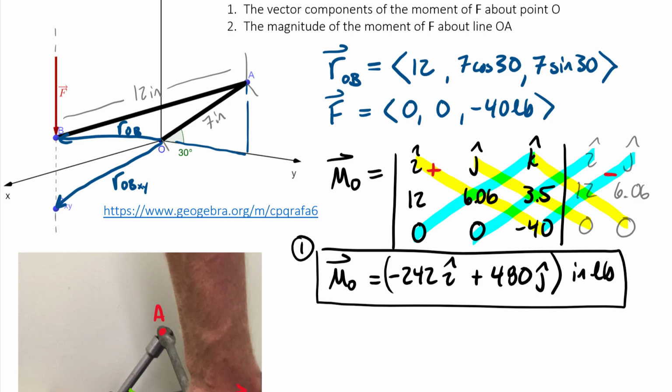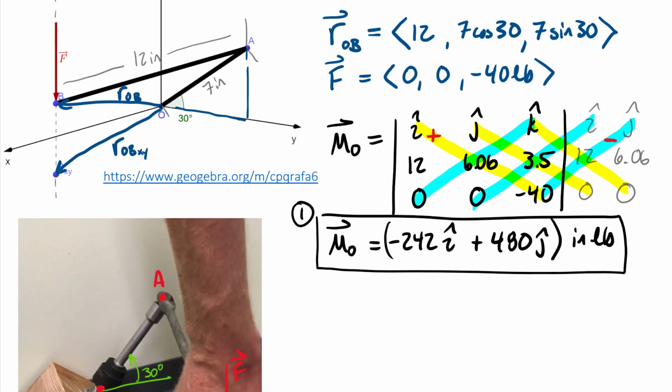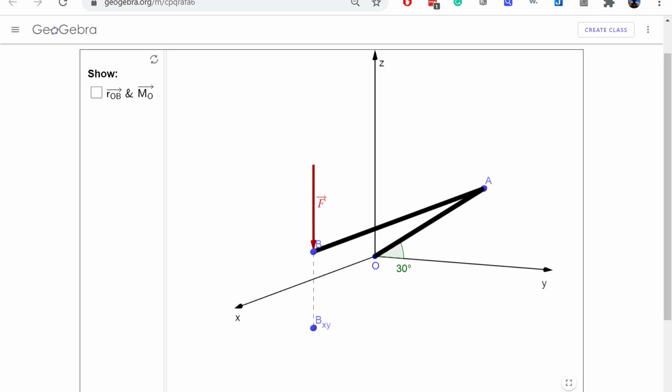Now, just for discussion's sake, let's go ahead and compute the magnitude of this moment using the Pythagorean theorem. We'd find out that MO is equal to 537.6 inch pounds. Okay, so once again, that's applying the Pythagorean theorem to those two components. So just to see what that would look like, this interactive actually has those numbers programmed into it.